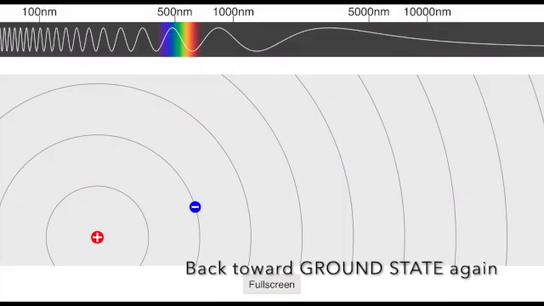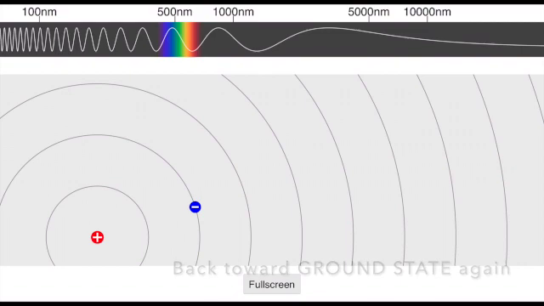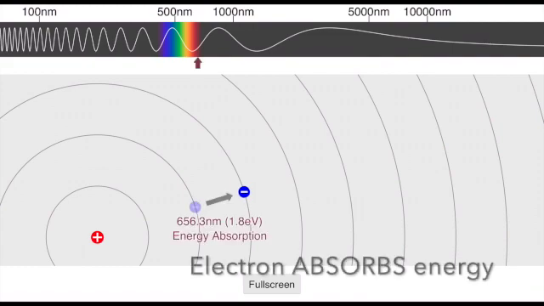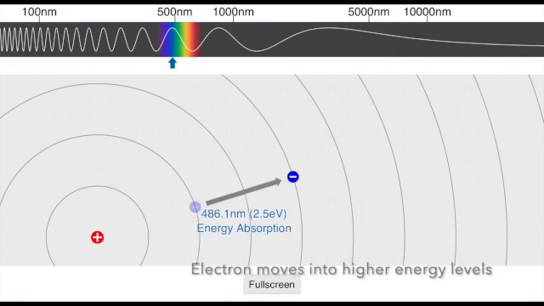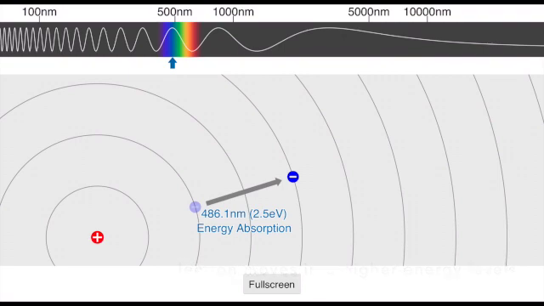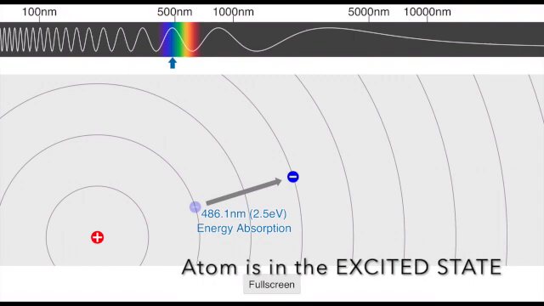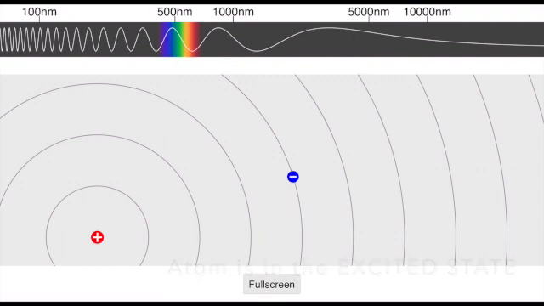Let's see if it were to jump up 2 energy levels, how much energy would have to be absorbed for it to jump up that high. It's absorbing and absorbing more. It absorbed 486 nanometers, and you see that that is from the blue part of the spectrum. And when it falls, what do you predict?